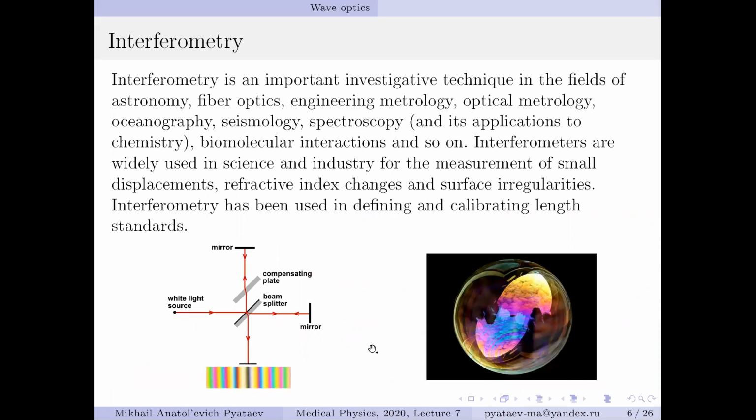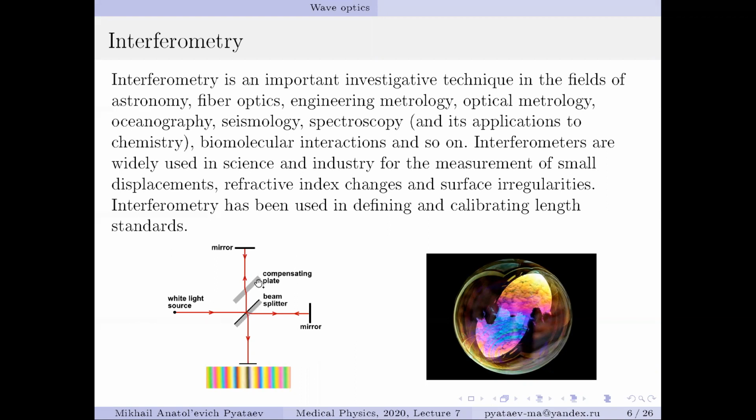Now let us see what we can get from interference, how we can apply it. One application is interferometry. It is a method of measurement which is based on interference, and one of the interferometric schemes is shown here.